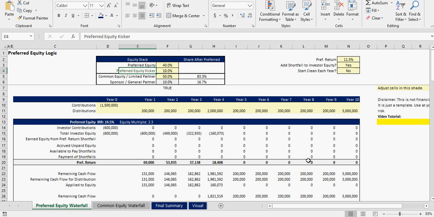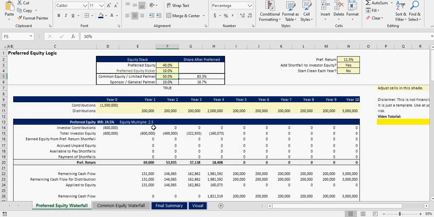Well, the kicker is just going to be zero if there's no money left, but you'll get your preferred return and equity back priority before anybody gets anything. And then after that, usually it's going to be less because it's less risky, so therefore less profit potential. And that's why the common equity has more risk. You're not getting priority in their equity, but they're getting more of the profits if they do happen.